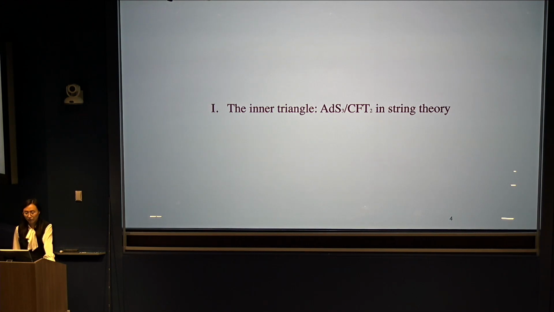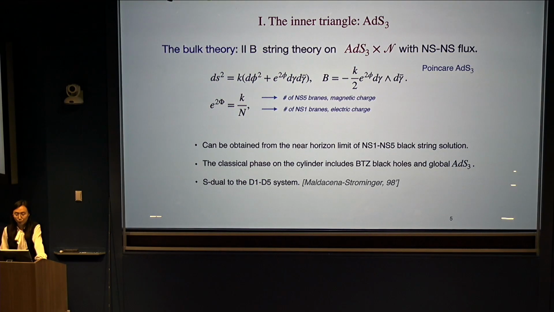Okay, let me start with the inner triangle. I start with Type IIB string theory on AdS₃ with a 7-dimensional internal manifold supported with NS flux. Here is the AdS metric, and for instance, we can write it in Poincaré coordinates. Gamma and gamma bar are two null coordinates, phi is a radial coordinate, and capital Phi is the dilaton.